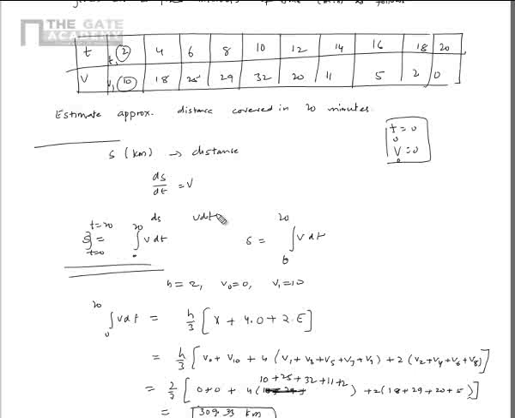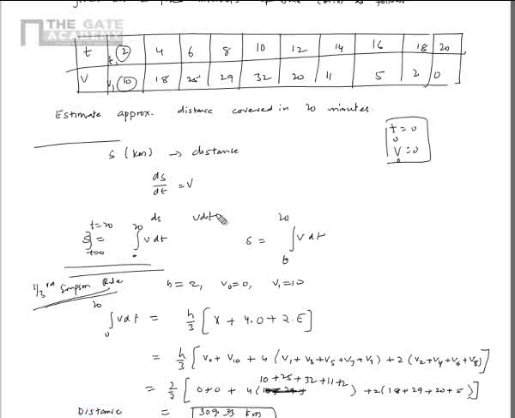If you solved it by the trapezoidal rule, you would assume the velocity steadily increases in the interval, but this is Simpson's one-third rule. This is one application where you don't know the form of the velocity, so this is the best approximation of the distance by Simpson's rule.